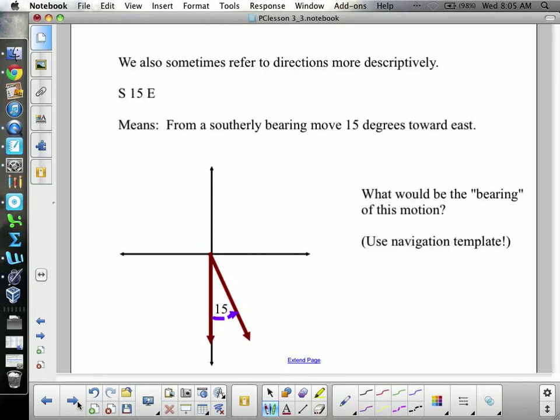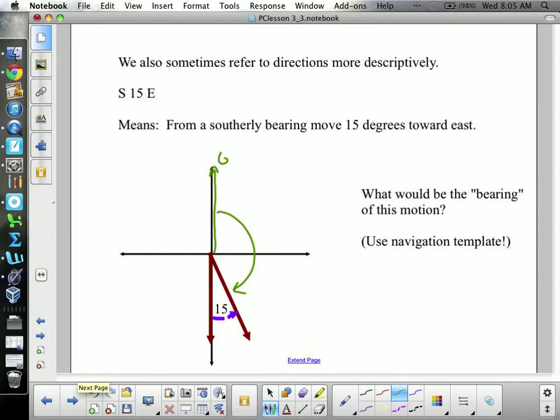I put that next thing. South 15 degrees east. Okay. So if I said south 15 degrees east, then what would be the bearing for that? What would be the actual compass direction? Bearing being compass direction. Well, 0 would start here. At 0, clockwise, how many degrees is that?